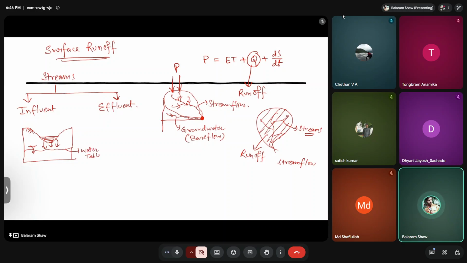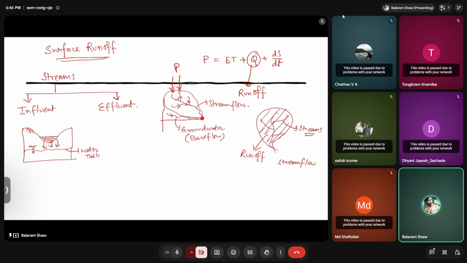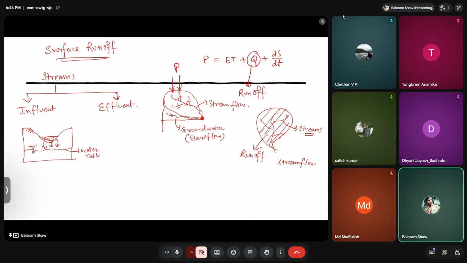So here what is happening? The stream or the reach of the stream is losing water to the ground and contributes water to the saturated zone, right? So here we are seeing the water is flowing into the water table and hence we call that as influent stream.